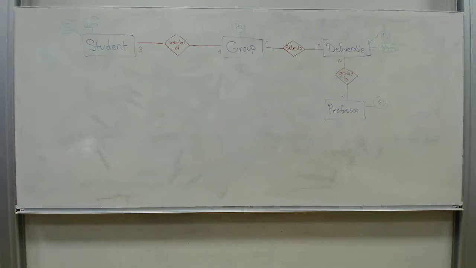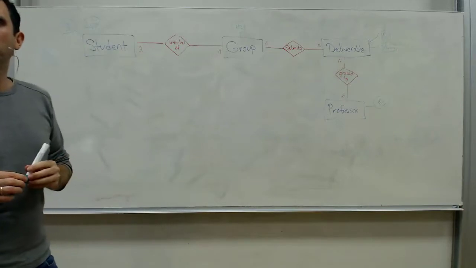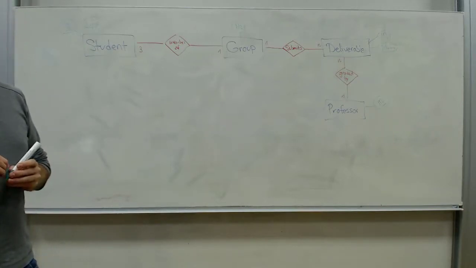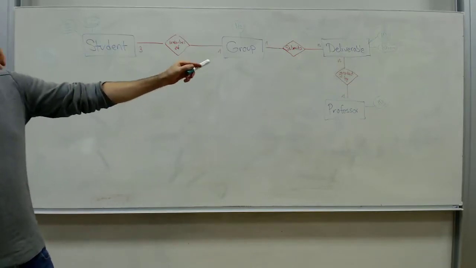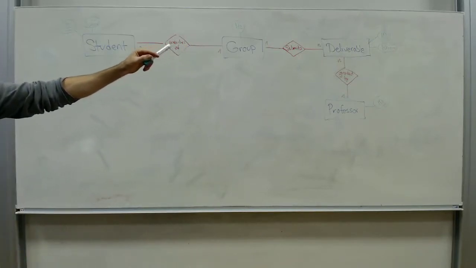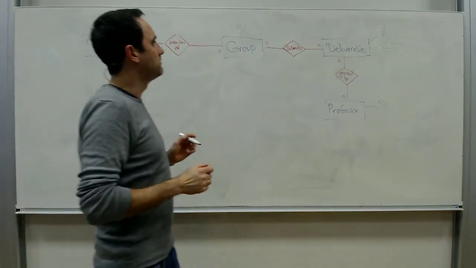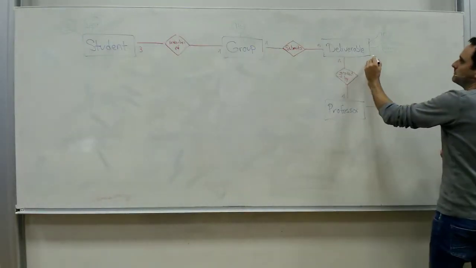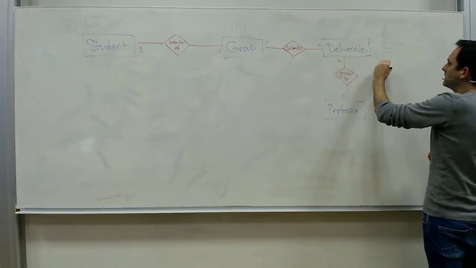Maybe we could add some attributes, such as the grade for the deliverables and the final grade for the group, or maybe for the student. Let's stick to the first one you mentioned. So you want to add the grade for the delivery. Where would you put that? To the delivery. So you would put the grade here as an attribute. Grade.